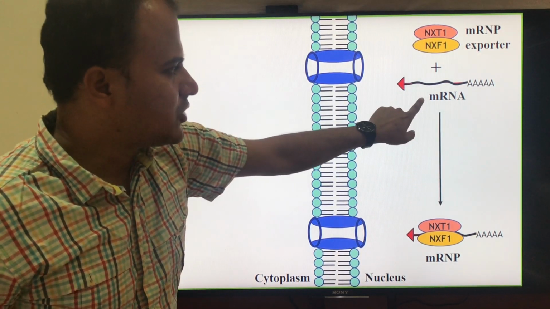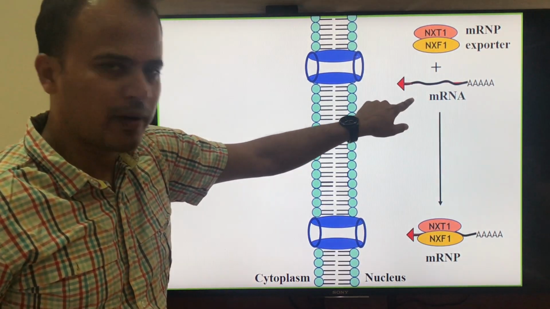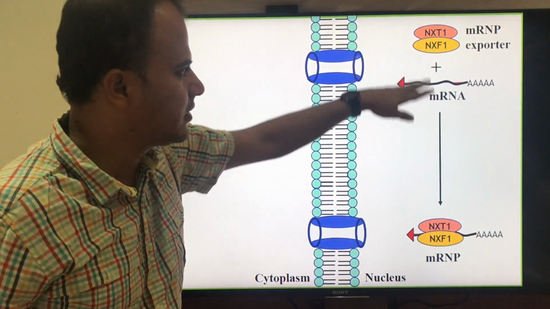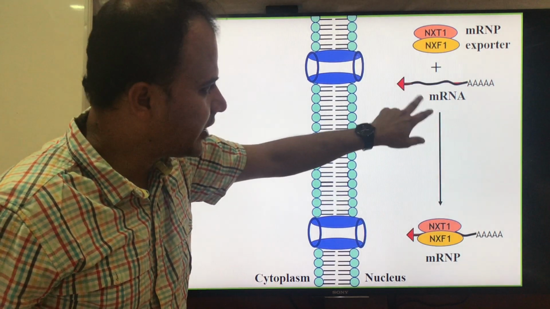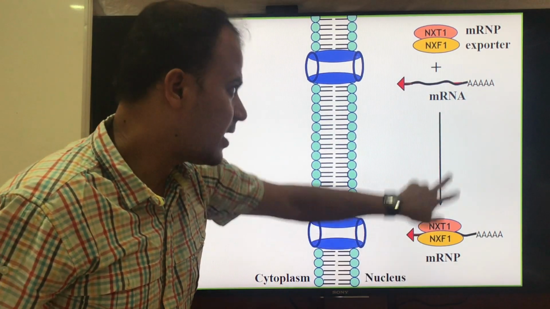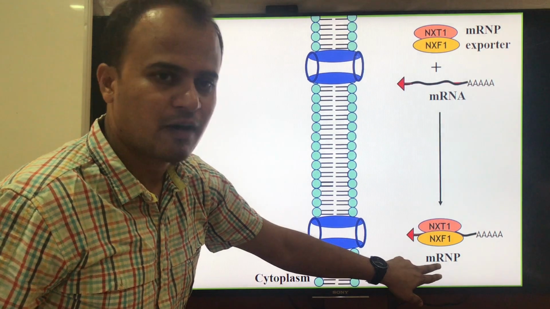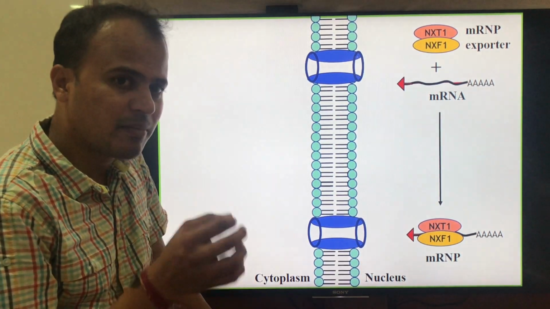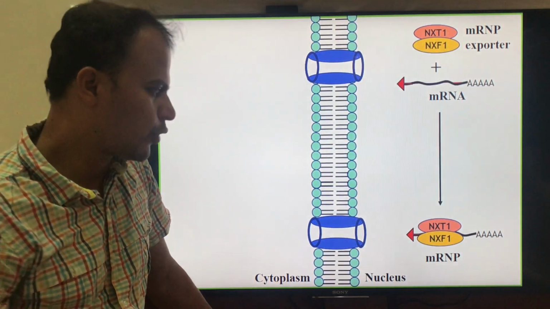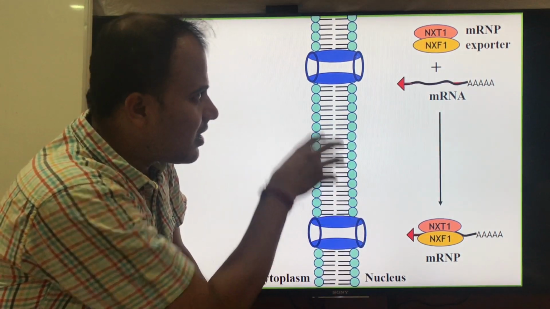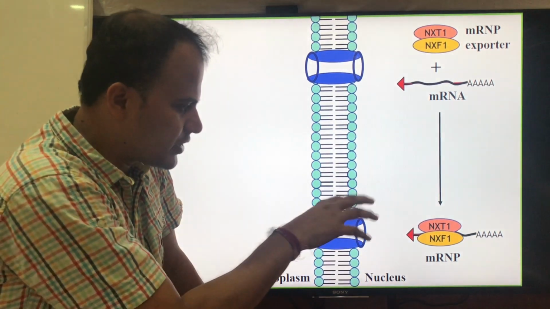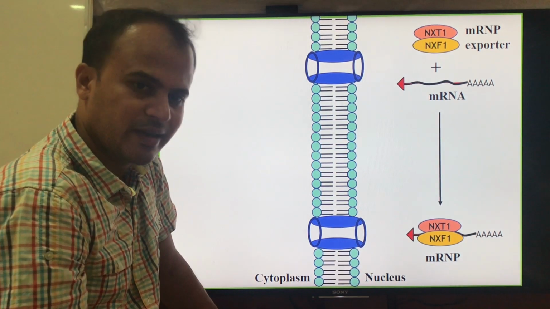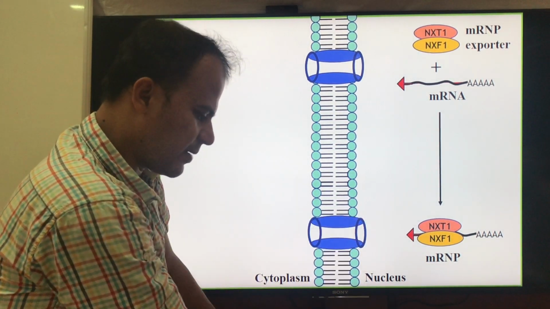Initially, as soon as the mature mRNA is found by the mRNP exporter, the dimeric protein interacts with the mRNA and we call this mRNP. mRNP means, as I said, messenger ribonucleoprotein. Several mRNP exporters associate with the mRNA. Once this association is made, we call this mRNP.